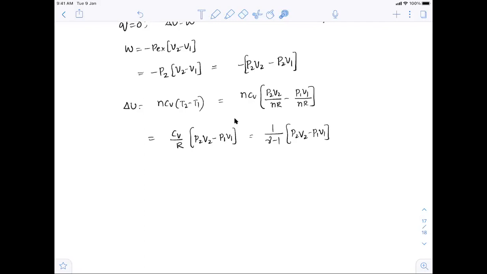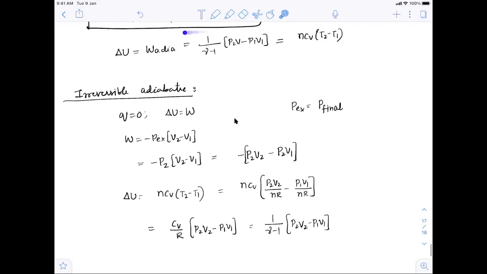So in short, the formula remains the same in adiabatic reversible and irreversible. The formula will look exactly the same, but the problem is this P2 is not equivalent to that P2. The values of pressure, temperature, and volume won't be the same if you check the final values, although the formula appears the same.